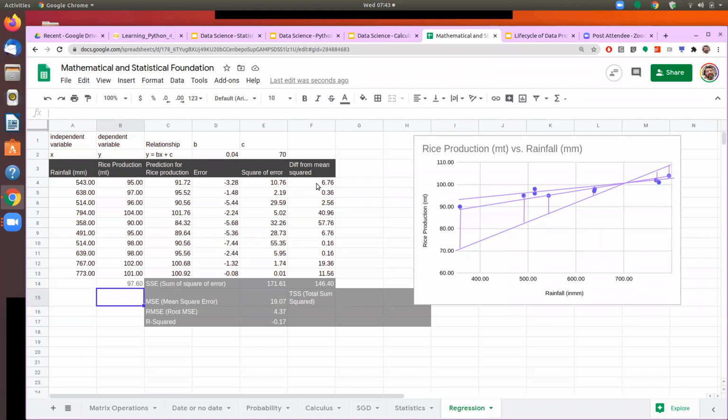So this computation of the variance we have done earlier. So now we say the total variance is, say, 146, which is also called the total sum squared, or TSS, when we come to regression. And then we say that if the total variance is this, how much of this variance is explained by my prediction?